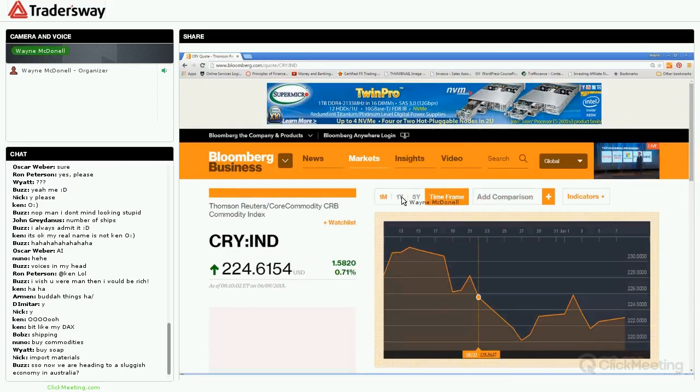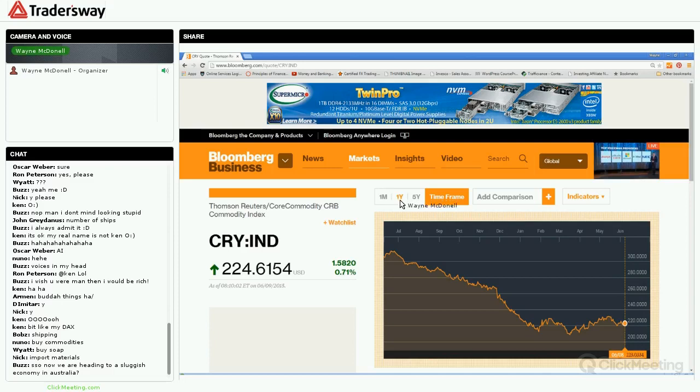So the CRB index now is an index of commodity prices. So you could, for example, if you wanted to, trade the CRB, in this case the CRY, Thomson Reuters Core Commodity CRB Commodity Index. Okay, whatever. I wonder if I could do it this way.